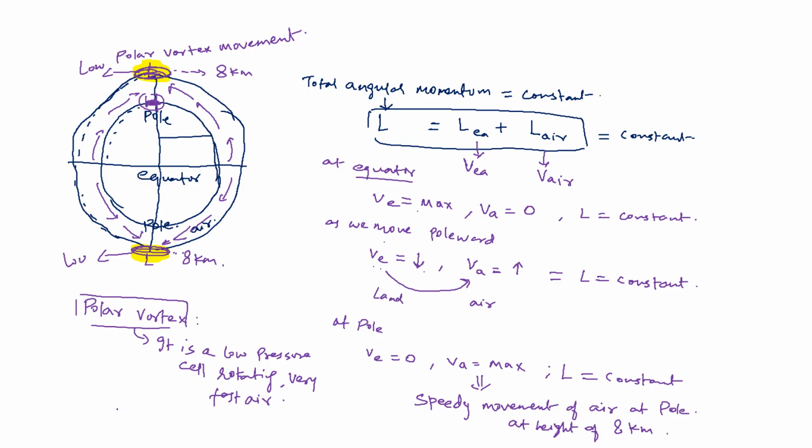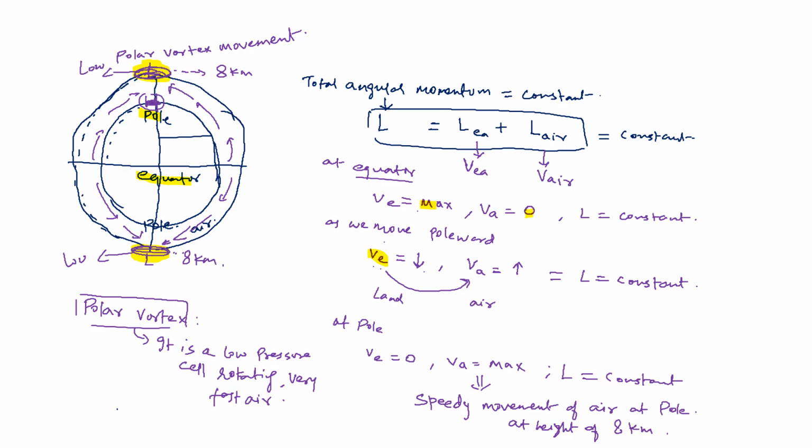So the more technical reason is why polar vortex movement takes place. Here is the science behind it. You know, the total angular momentum of the earth remains constant, which includes the land plus the air together. At the equator, the land is moving at a greater speed, but the air movement is nearly zero. So the total angular momentum remains constant at all points as we move from equator to pole. As we move poleward, what happens to the velocity of the land or the earth?